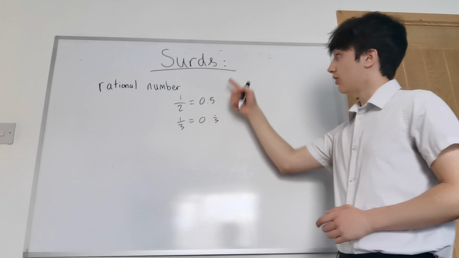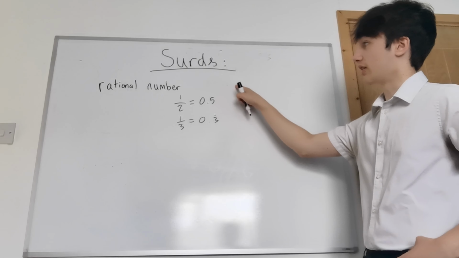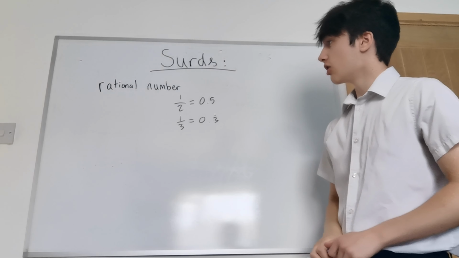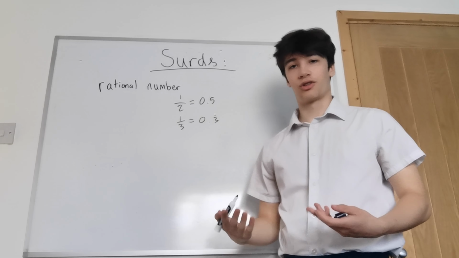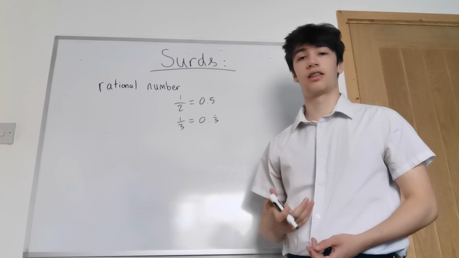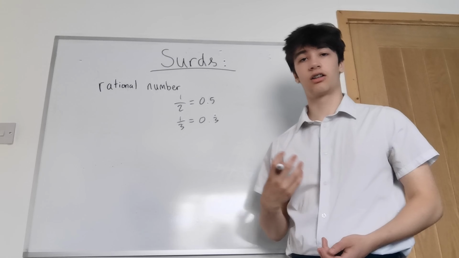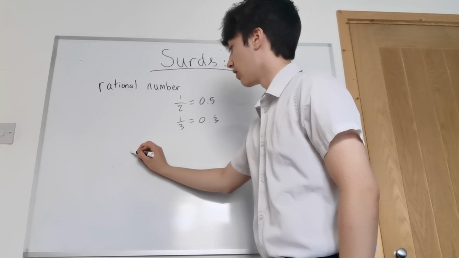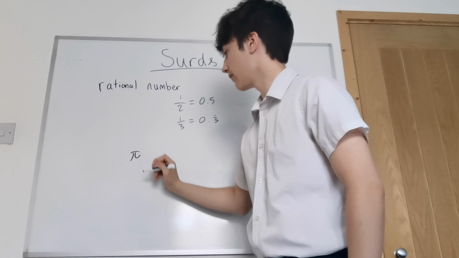But now dealing with SURDS, SURDS is a way to represent irrational numbers. But what is an irrational number? Irrational numbers are what they sound like. They're random and they don't really follow a pattern. They go on never ending. Some examples of irrational numbers are numbers like pi.